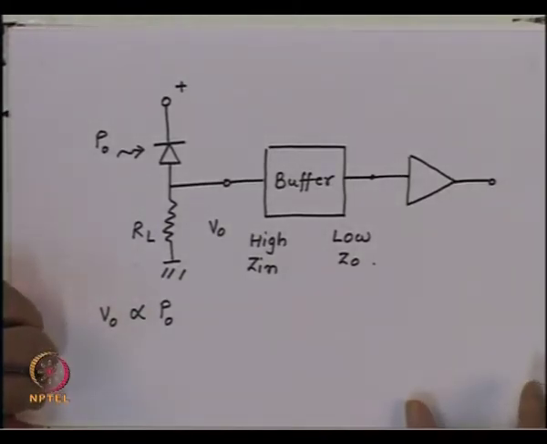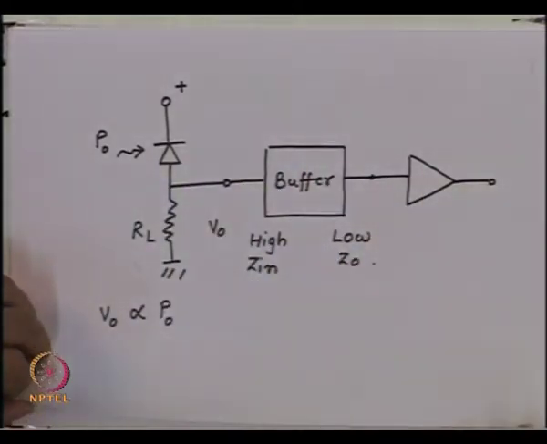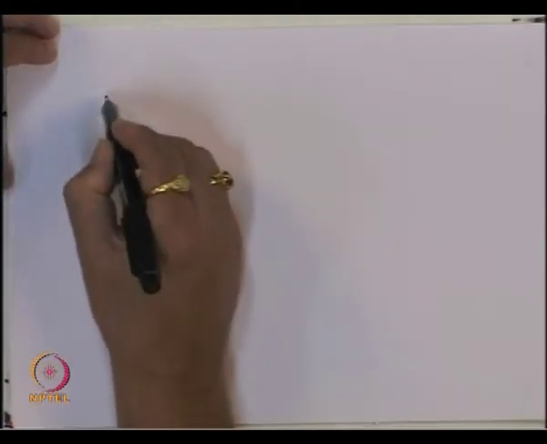Now if we write down the equivalent circuit of this whole configuration, we are writing out the AC equivalent circuit.